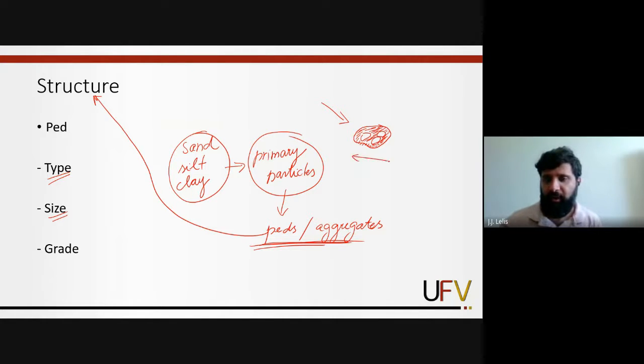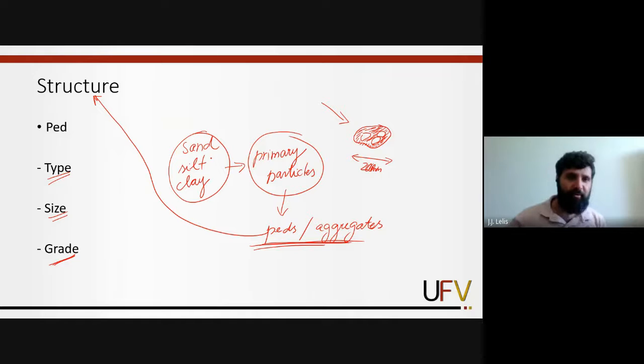So, okay, this has like 2 meters or 20 or 200 millimeters. I should describe the size of this material. And I have to describe the grade, how much these materials are together and how much the primary particles are loose in that soil horizon.